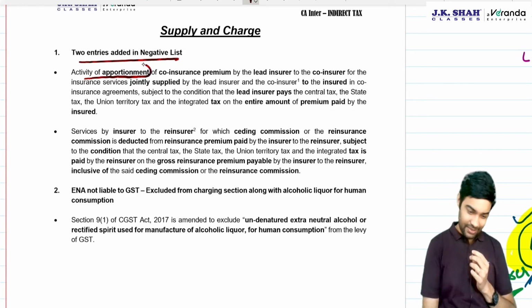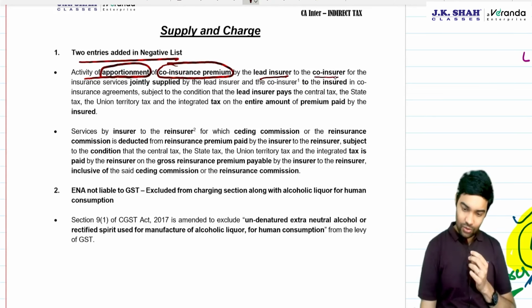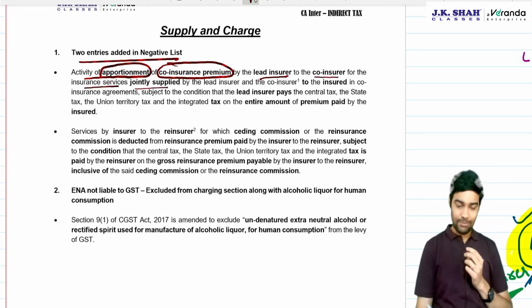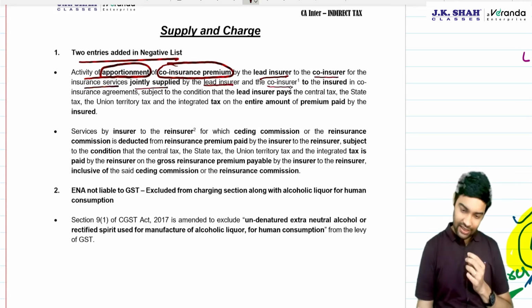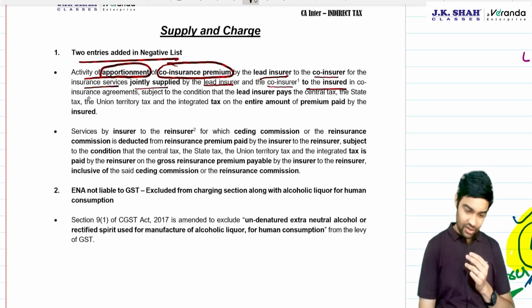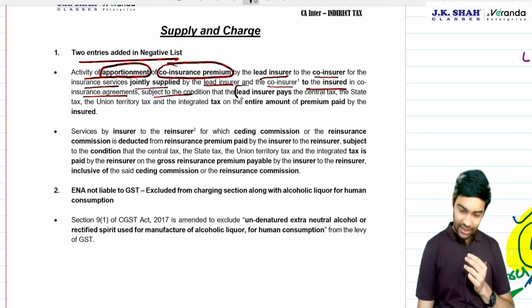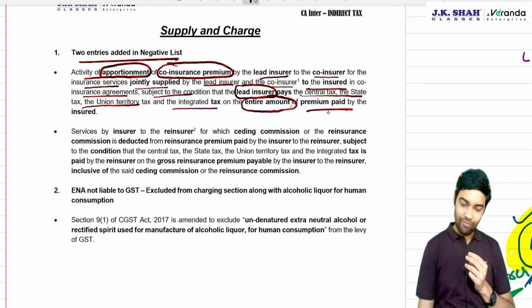Activity of apportionment of co-insurance premium by lead insurer to co-insurer for insurance services jointly supplied by lead insurer and co-insurer to the insured in a co-insurance agreement, subject to the condition that the lead insurer pays CGST, SGST, UTGST or IGST on the entire amount of premium.